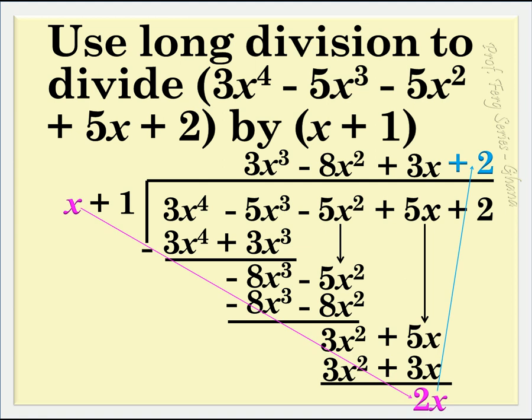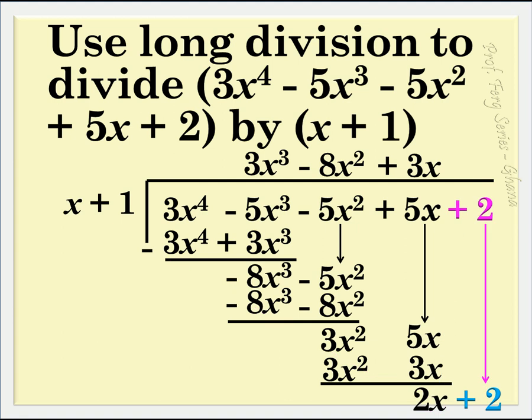Divide 2x by x to get the fourth term of the quotient, 2. Write down the plus 2 at the top. Lastly, bring down the next term, which is plus 2.